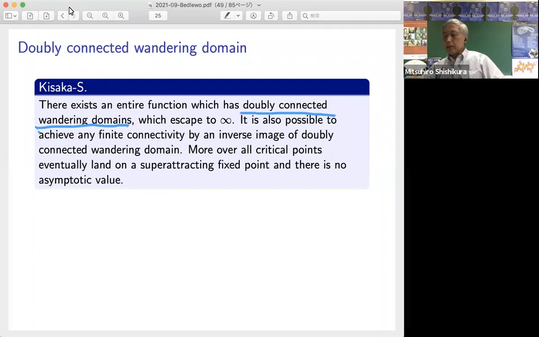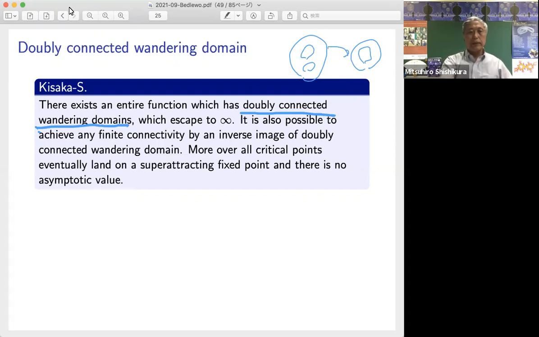And the method we used was the QC surgery. And once you have a doubly connected domain, you can modify it so that the inverse image has finite connectivity, like three boundary components or any finite number.